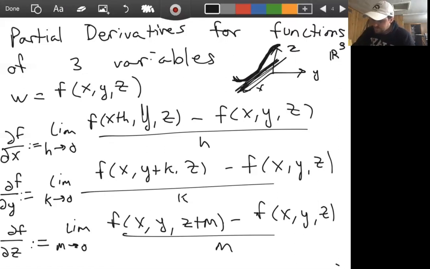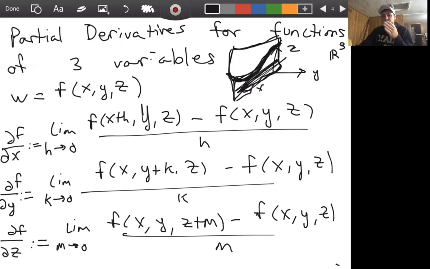Well, when you hold y and z constant, what is a surface? What I was saying earlier is what a surface is when you hold one variable constant. If I were to hold just y constant, and then I get some surface, like in this picture, it would be like a vertical surface here. And it's how am I changing in the x direction?